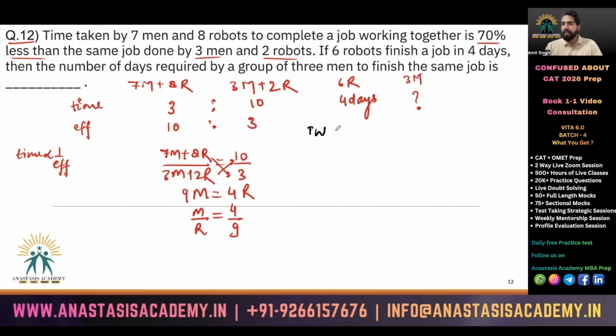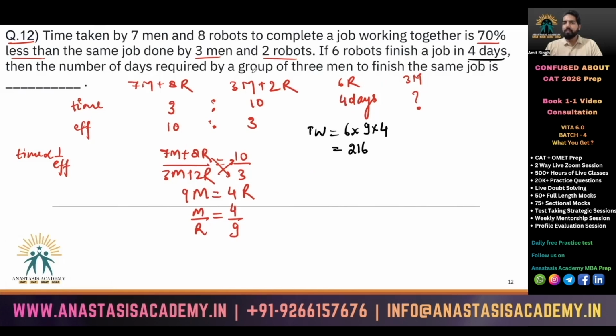If 6 robots finish a job in 4 days, the efficiency of a robot is 9 units per day, so 6 robots would be 6 into 9, and for 4 days they do this work. Now this is equal to 36 into 6, that is 216. This is the total work, right?